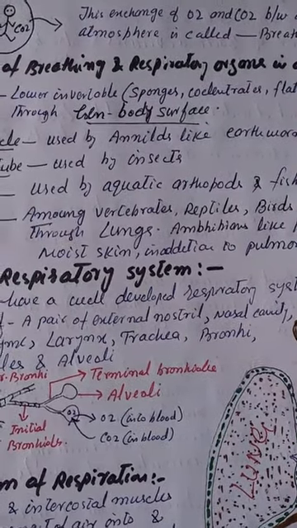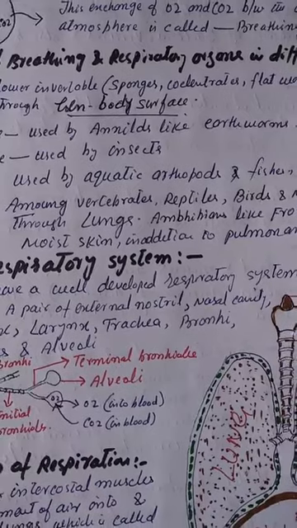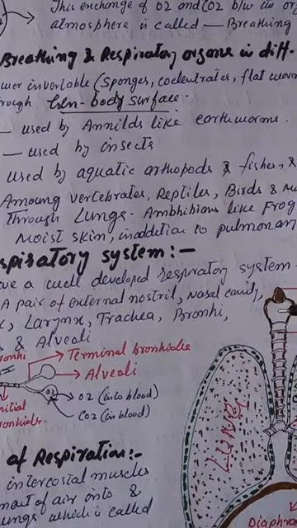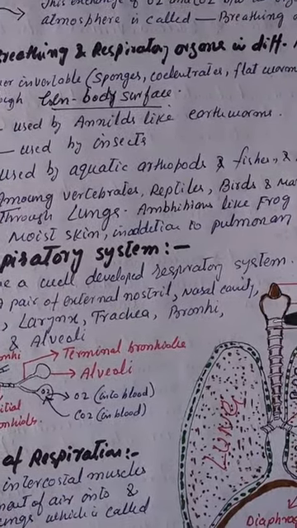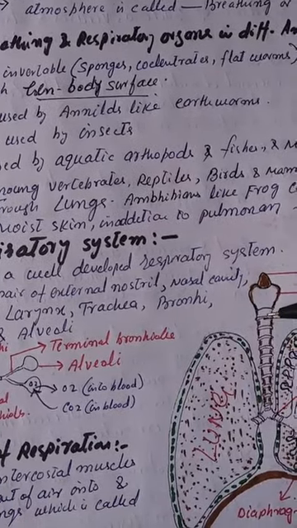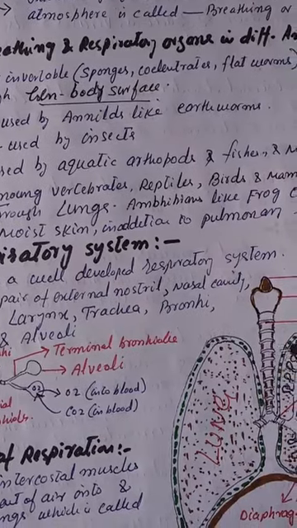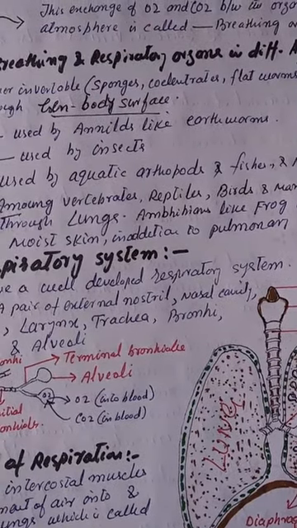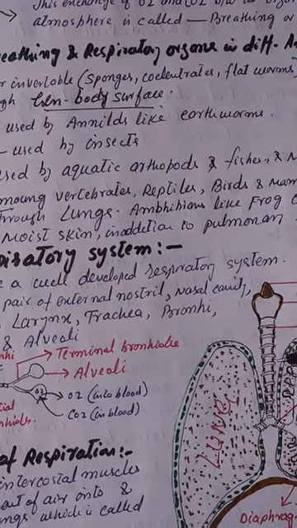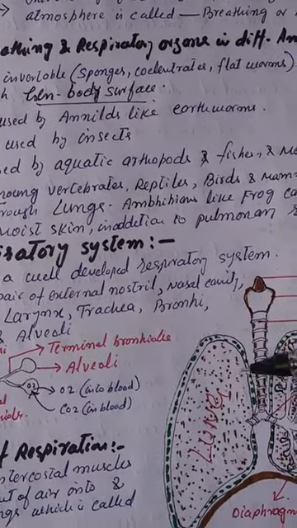Now, trachea is a straight tubular structure that extends through the neck up to the mid thoracic cavity and divides at the level of fifth thoracic vertebra into primary bronchi, one of which enters the right lung and the other the left lung.